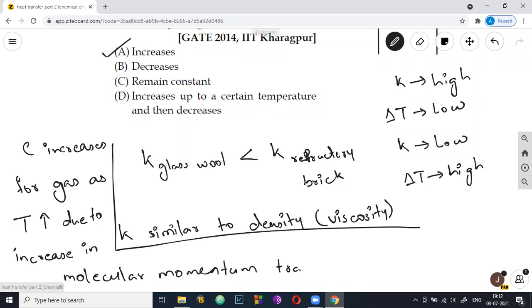This molecular momentum transfer is the logic from the kinetic theory of gases.